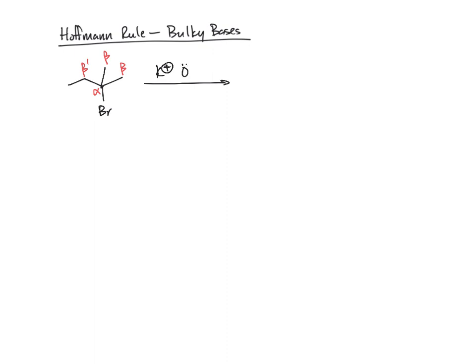Now the base that we are using, it's an alkoxide base called potassium tert-butoxide. Our solvent is going to be tert-butanol. So typically with these elimination reactions, you're using the base and then its conjugate acid. So that's a clue that it's going to be an elimination.